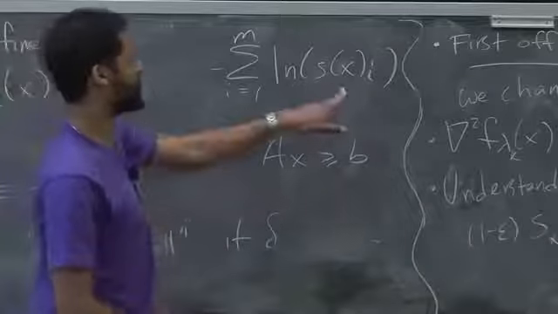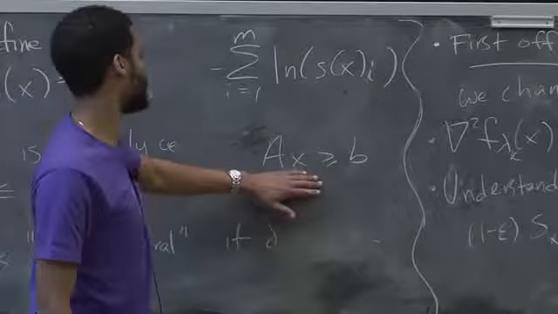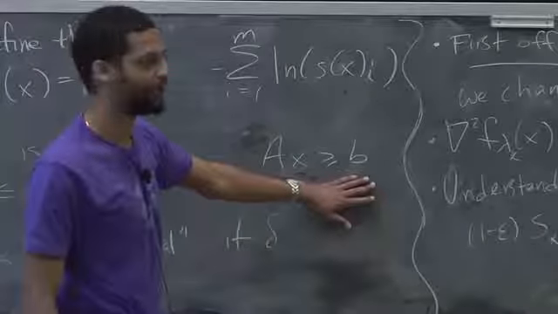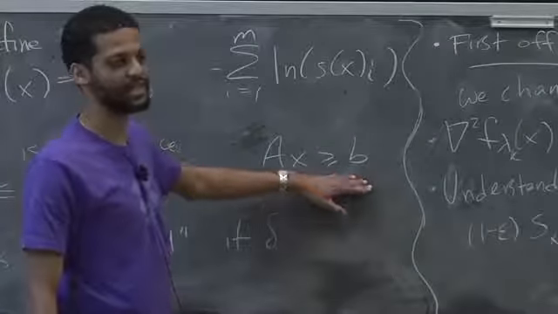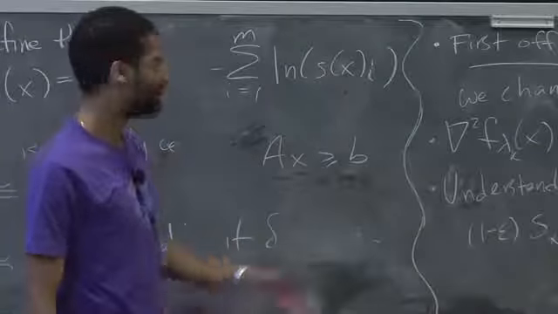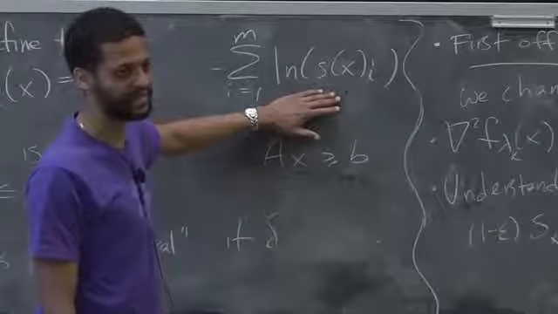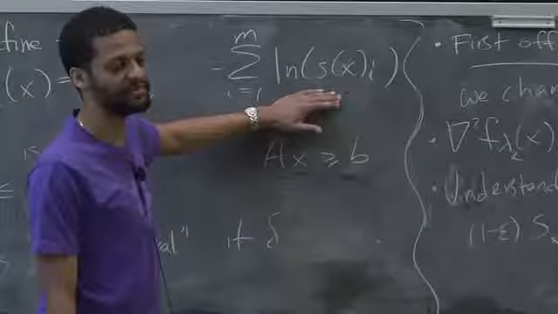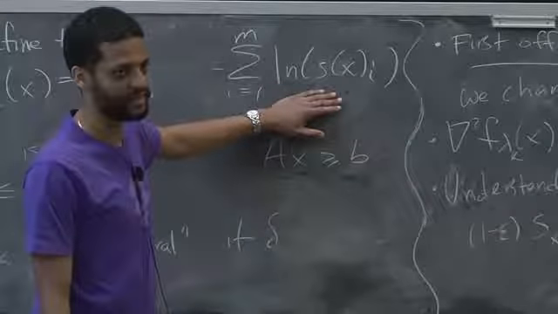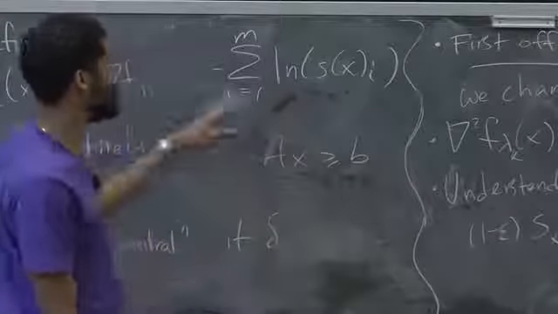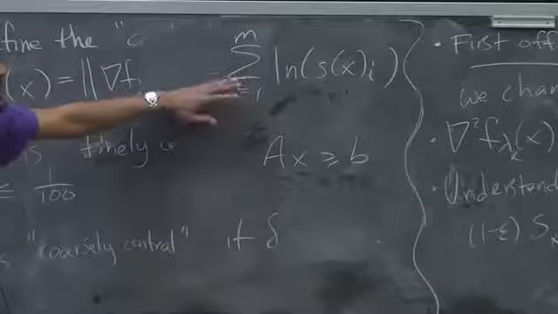So what is a slack? A slack is the ith row of A dotted with x minus b_i. So suppose someone just gave you the LP with the same constraint written 1,000 times. You're going to sum it 1,000 times here. But that's sort of weird, right? Because the constraint only matters once.